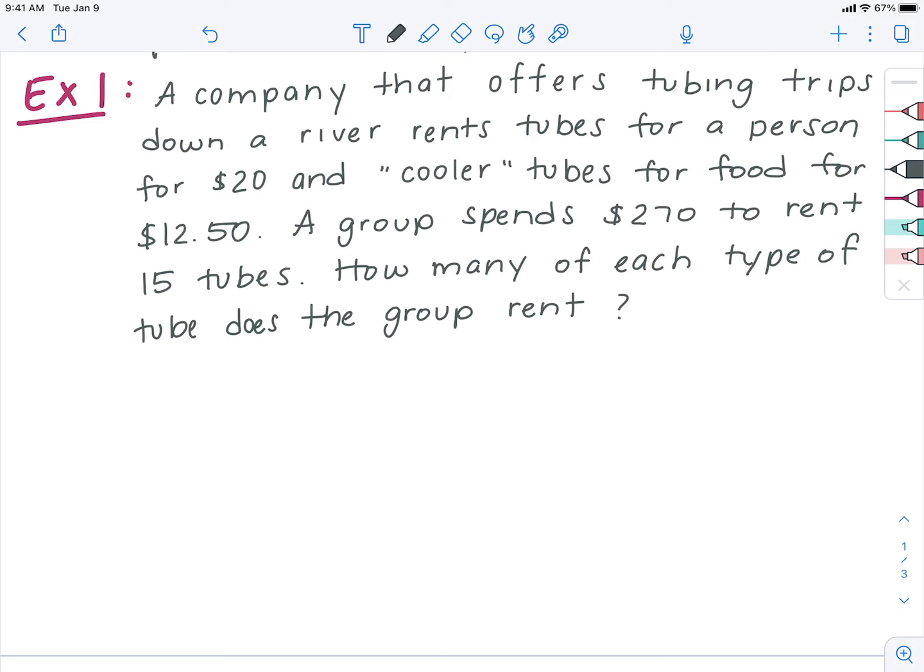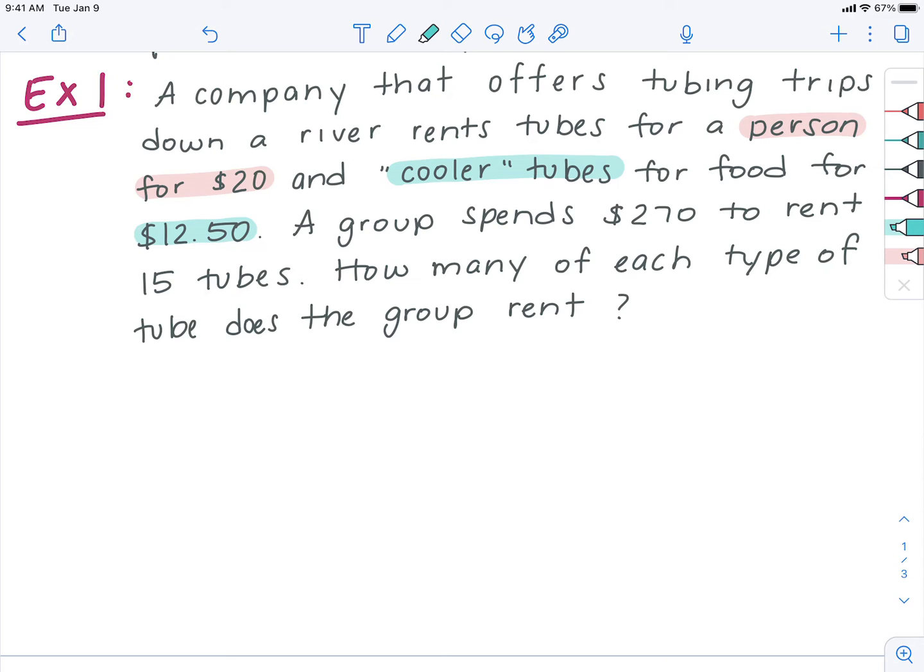When I go back and read it again, I see a company that offers tubing trips down a river rents tubes for a person and for a cooler. So right off the bat, I see person for $20 and cooler tubes for $12.50. Then they're telling me that a group spends $270 to rent 15 tubes, which is going to help me write my equations.